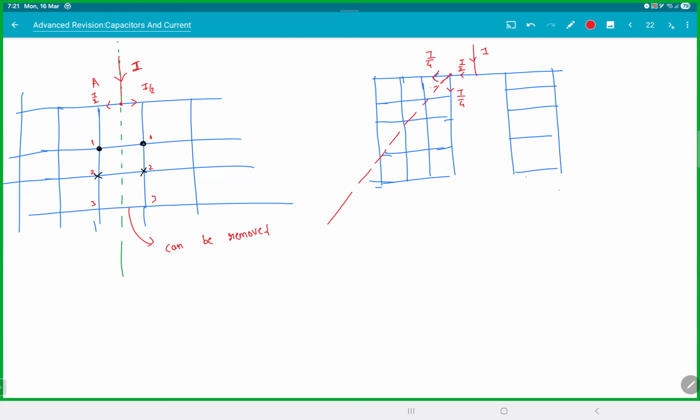Is that clear, everyone? So whenever you send current through this point A, I by 2 will go to the left side, and then again it will split into I by 4 and I by 4. Clear with this? Same way, when you take current from B, I can do the same argument. You'll get I by 4 and I by 4.